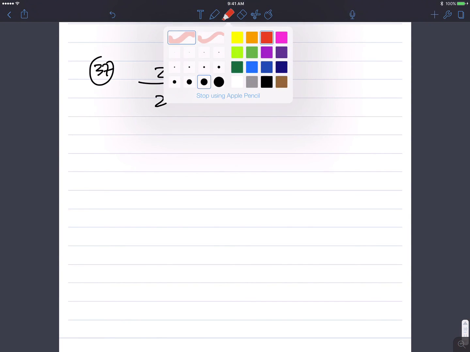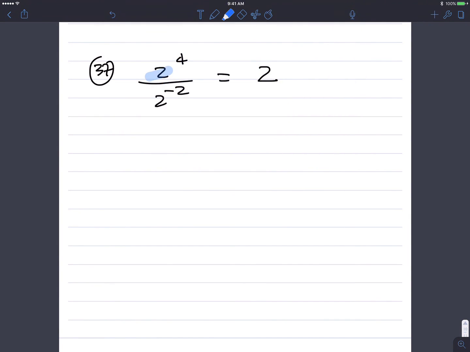37. 2 to the 4th power over 2 to the negative 2 power. We use the same property. In this case again, notice we're dividing two exponentials with the same base, so we're going to keep the base 2. We're still going to subtract my powers. This is 4 minus a minus 2.